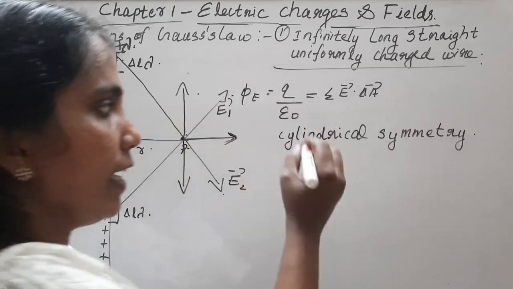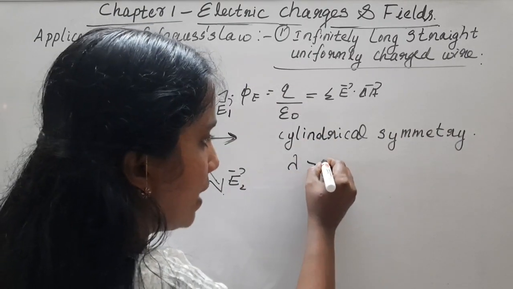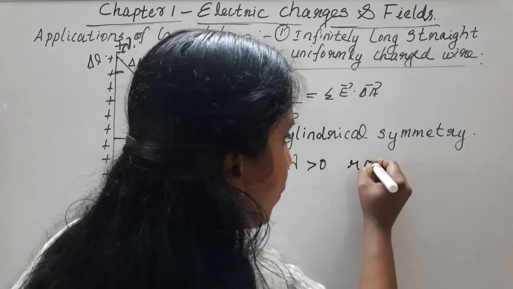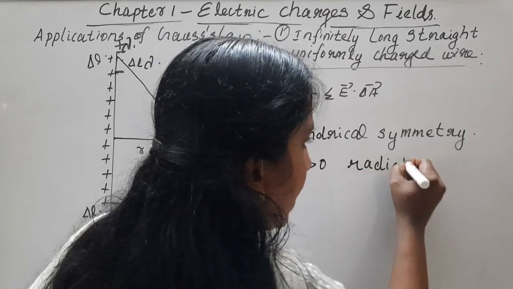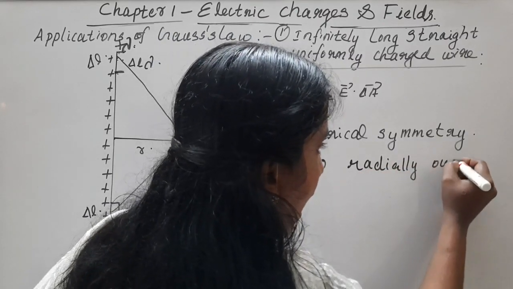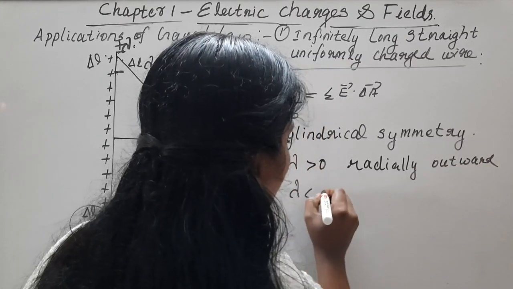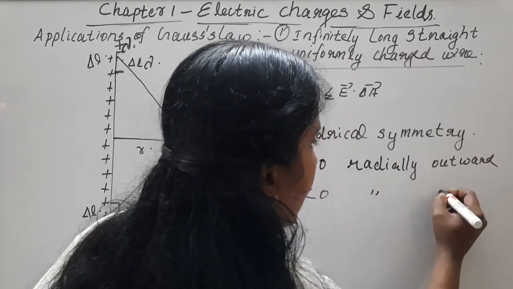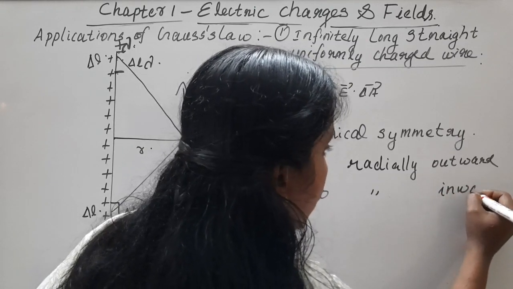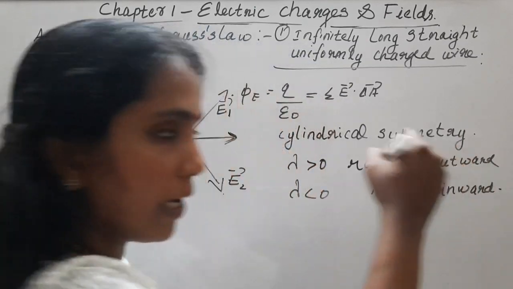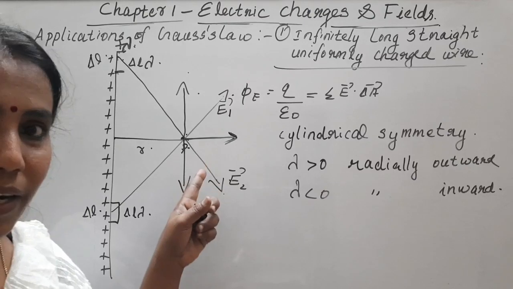So how will we write? If lambda is greater than 0, the electric field will be radially outward, and if lambda is less than 0, the electric field will be radially inward. That is the word we have to use. Actually, only the horizontal component is remaining.